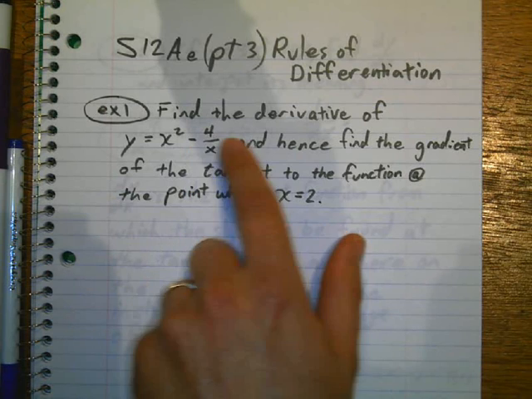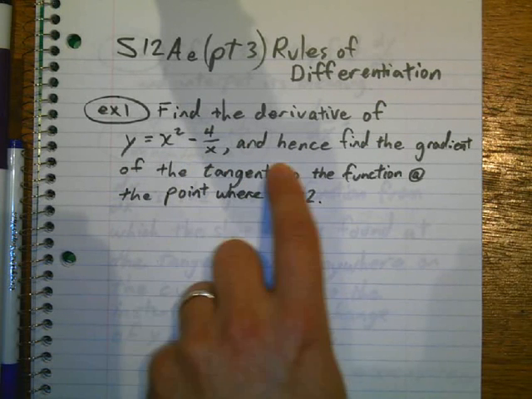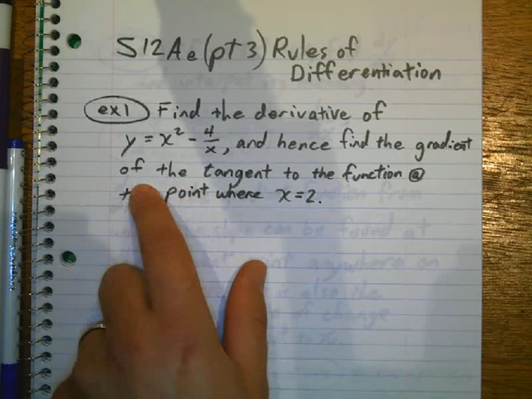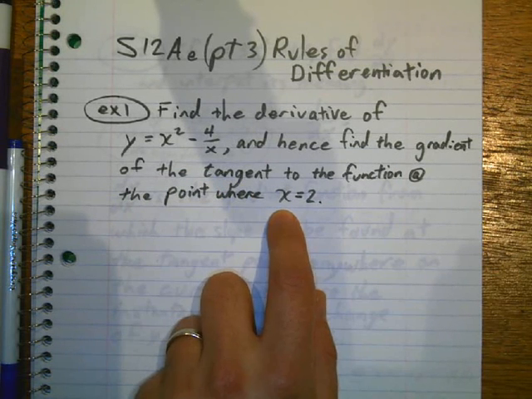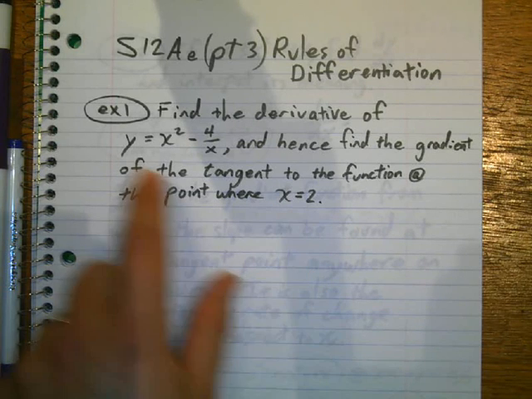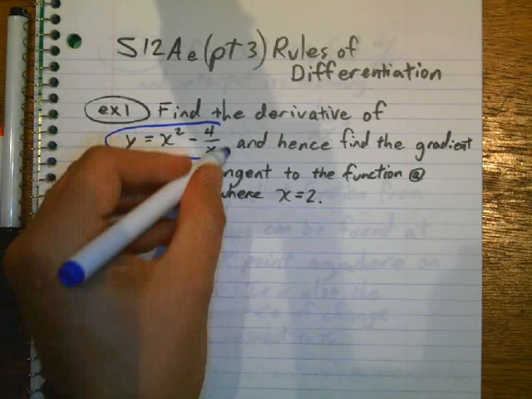Find the derivative of y equals x squared minus 4 over x, and hence find the gradient of the tangent of the function at the point where x equals 2. The first thing I'm going to do is rewrite this equation so that we don't have this denominator here.